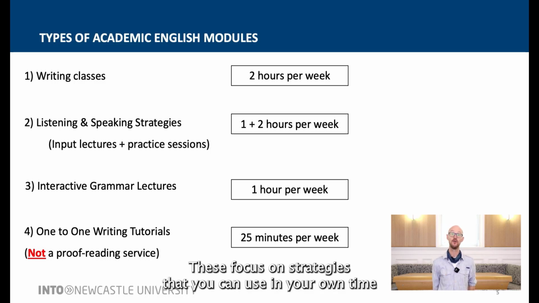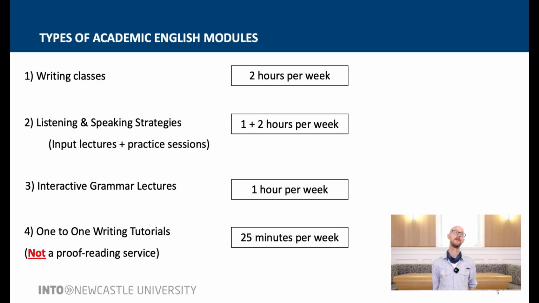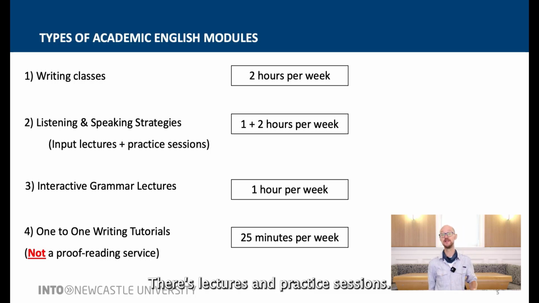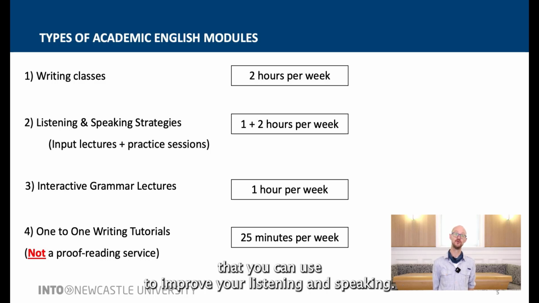These focus on strategies that you can use in your own time to improve your listening and speaking skills. There are two types of sessions: lectures and practice sessions. The lectures are 1 hour each week and they provide input on the strategies that you can use to improve your listening and speaking.